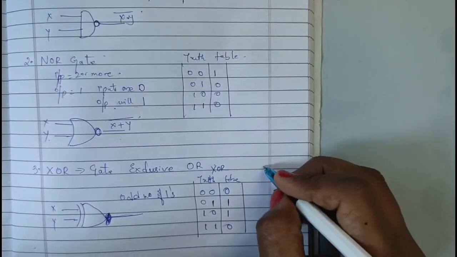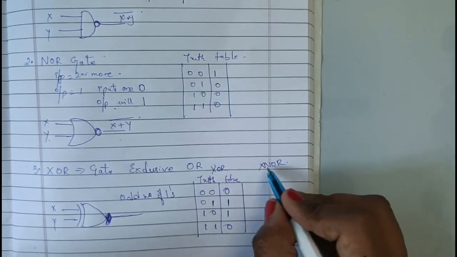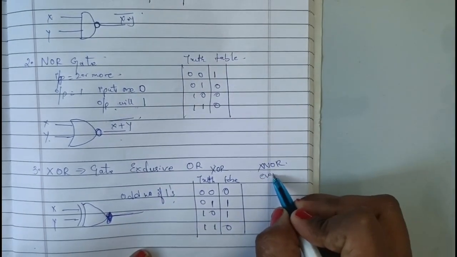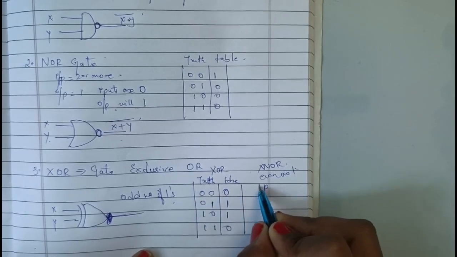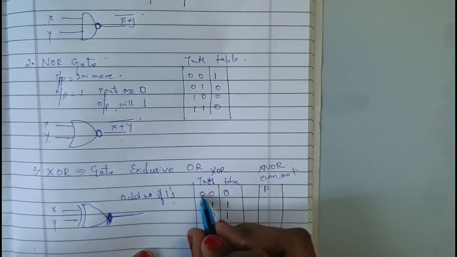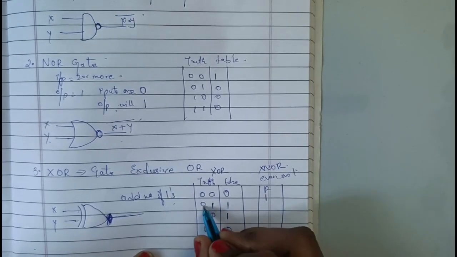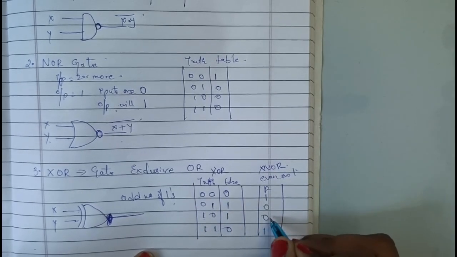Let's look at XNOR as well here itself. For XOR, it was an odd number of ones. In XNOR, we see an even number of ones. So the function for the same inputs for XNOR is that we look for an even number of ones: 0 0 becomes 1, 1 1 becomes 1, and the other two will be 0, 0.